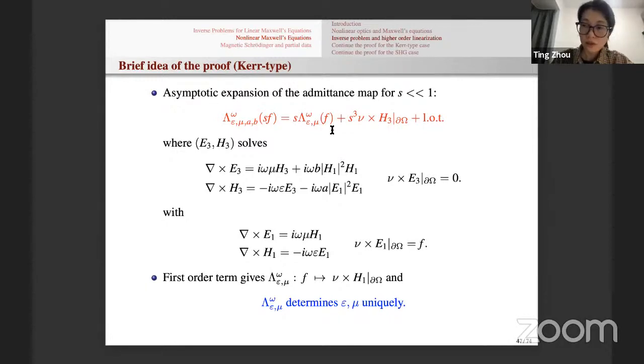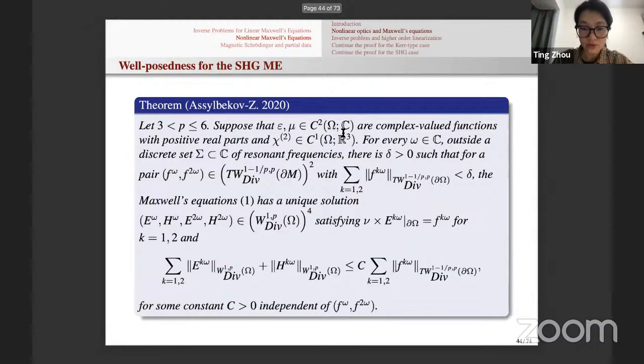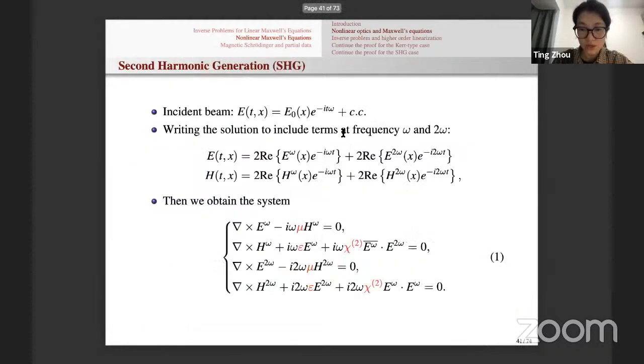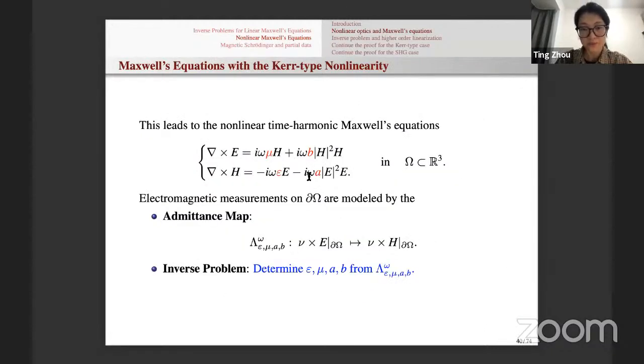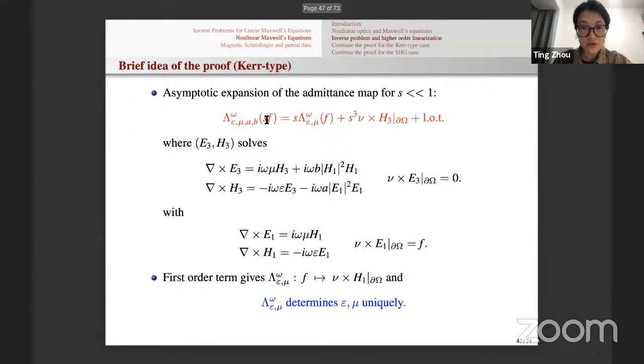All the equations, of course, have (0, 0) as the solution for the original equation, for the second harmonic generation or the Kerr type. Then you just look at the perturbation from the zero solution by sF, and this is also consistent with the well-posedness result. So you don't take s to be very large; eventually you have this expansion for s being small.